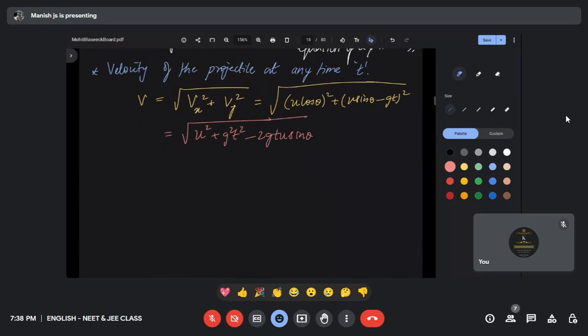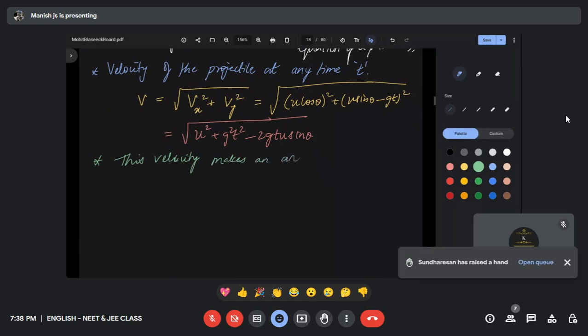This is one important aspect that you need to keep in mind. In the same way, if this velocity makes an angle of beta with the horizontal plane, how can we express it?